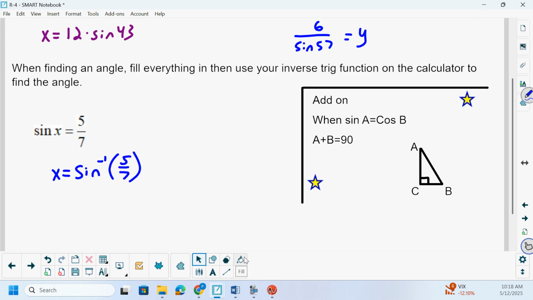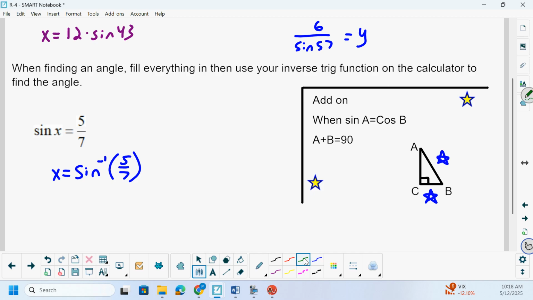I don't know if I put this on your notes packet or not. If not, if you could add this on, this part in the box here. If you have a right triangle, and let's say A and B were the acute angles, sine of A will always equal cosine of B. And the reason for that, if you go from A, the opposite is this side, and the hypotenuse is this one.